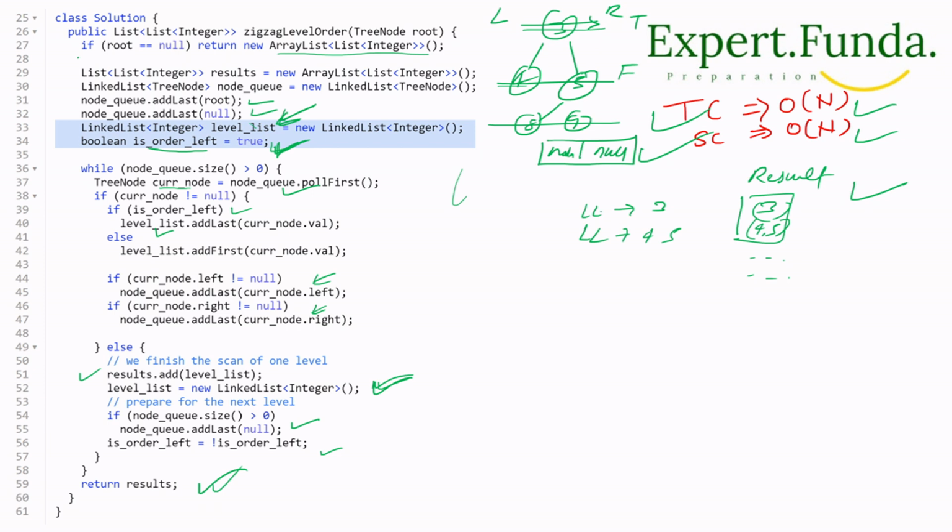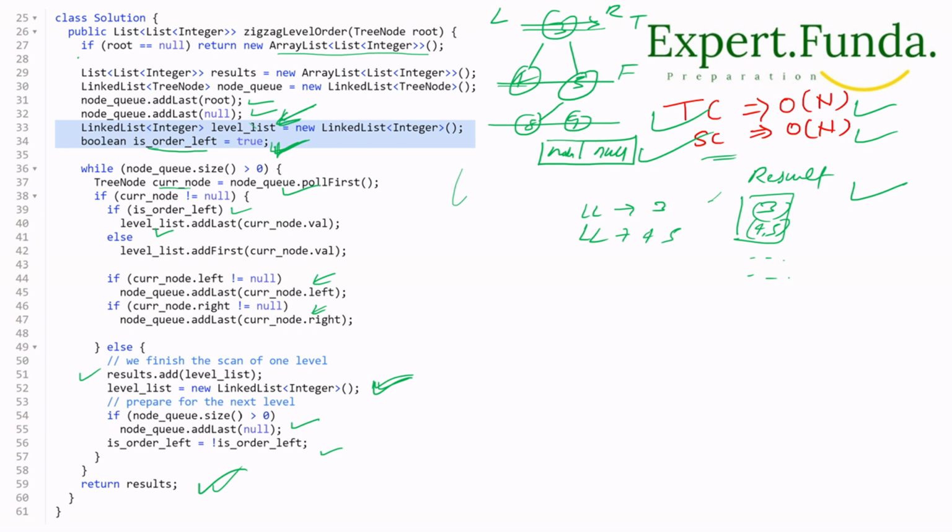And for the space complexity, n is the number of nodes in the tree. The main memory consumption of the algorithm is the node queue that we use in the loop, apart from the list that we use to keep the final output, right.